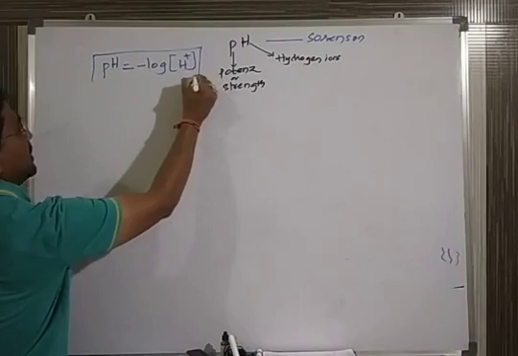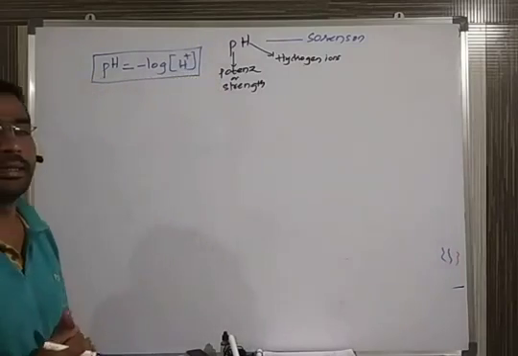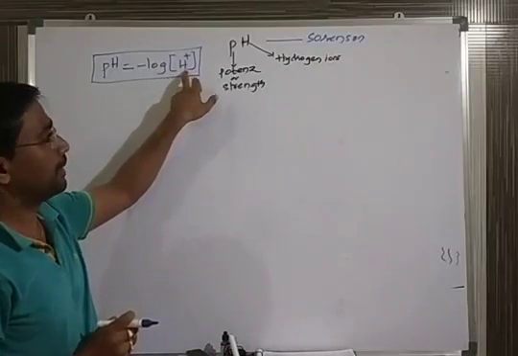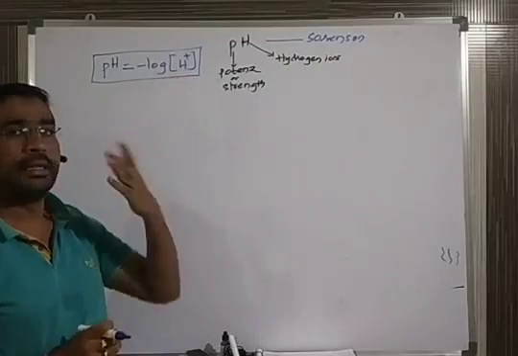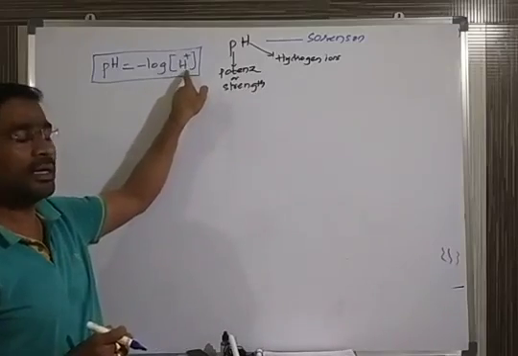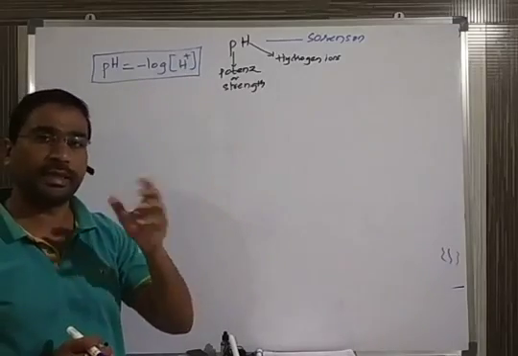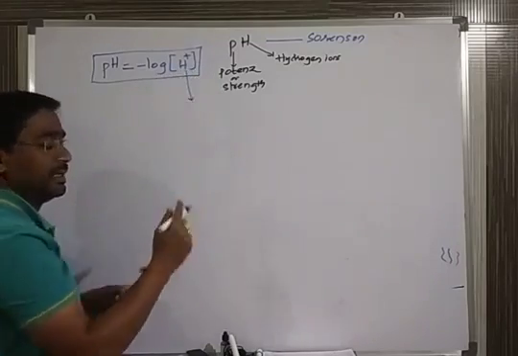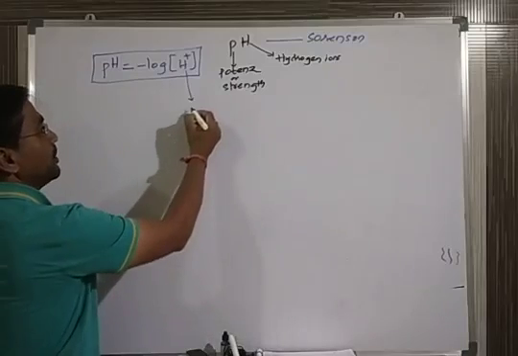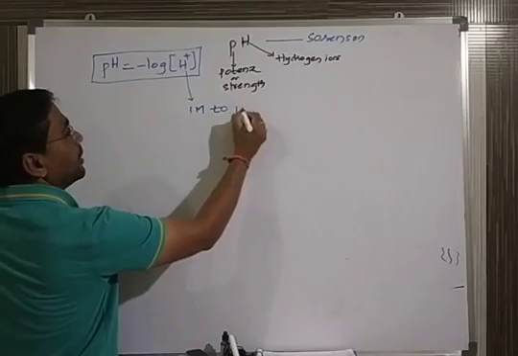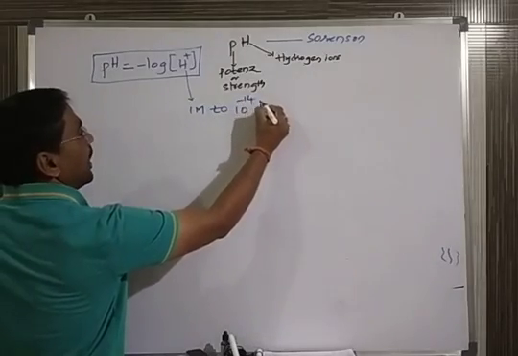Based on this formula, he calculated for samples depending on whichever substance's H plus ion concentration. He used the range from 1 molarity to 10 to the power of minus 14 molarity.